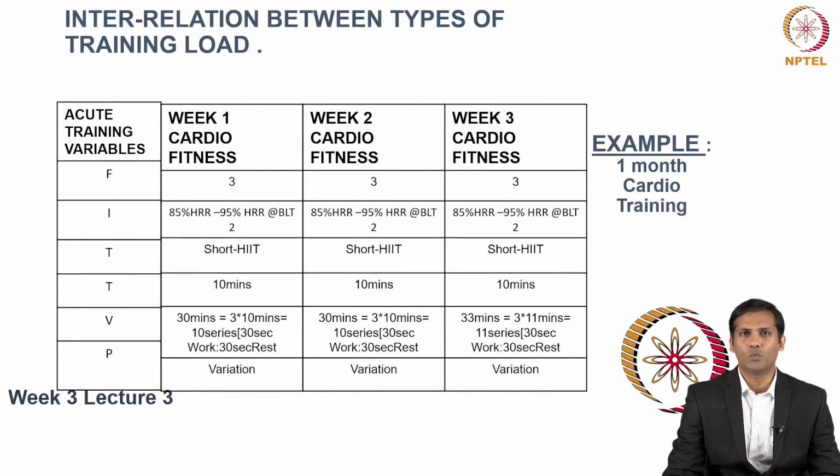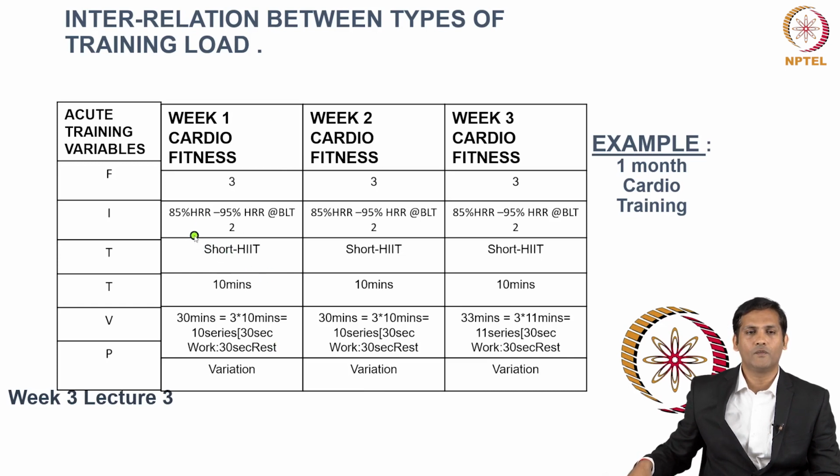Here, a 3 weeks workout to improve cardio fitness is given. In week 1, we have given a stimulation by the variation. So a new type of variation is introduced in week 1. Let's say it's short HIIT. The prescription with respect to intensity is that I train at 85 to 95% of HRR at blood lactate threshold 2, and I train a total of 10 minutes.